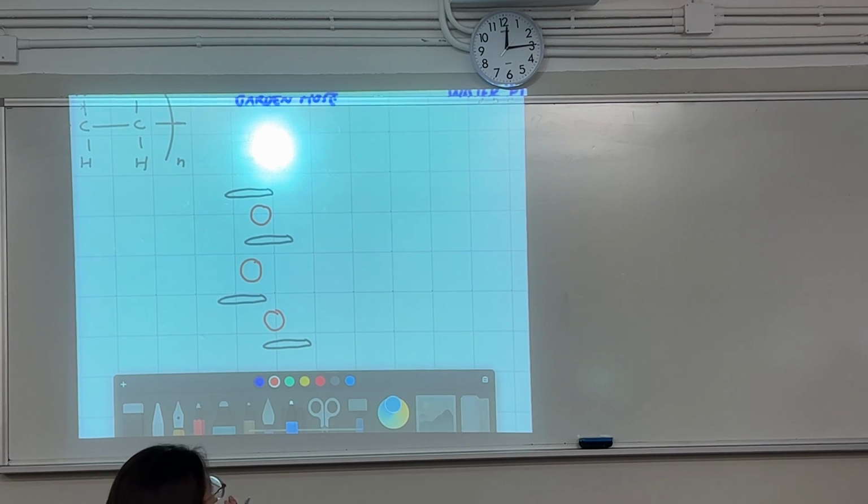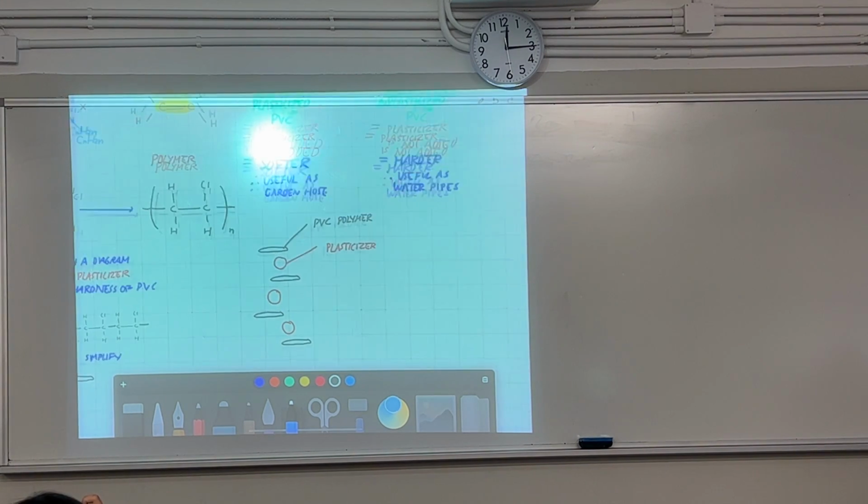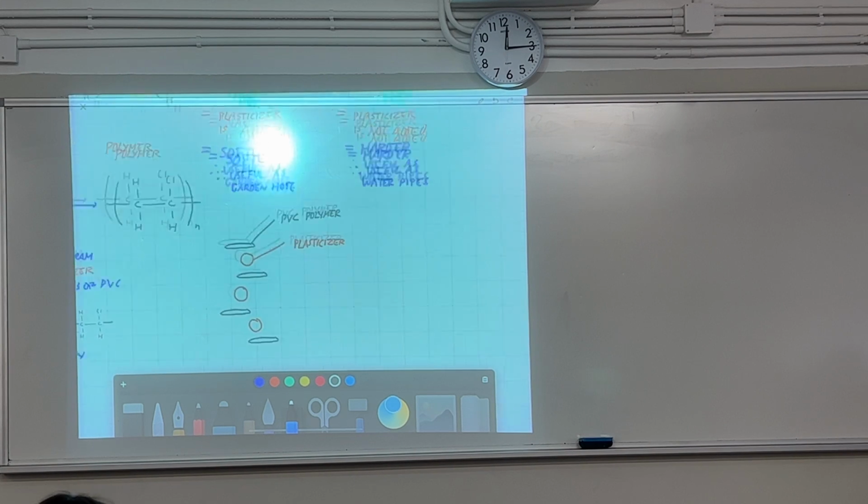And because of the addition of the plasticizer, can the PVC chains come as close together? Can they come very close together, those black rods? No, because there is something orange in between, sticking in between. Because of the orange thing, the black PVC molecules cannot come very close to one another. However, what happens if we do not add any plasticizer?